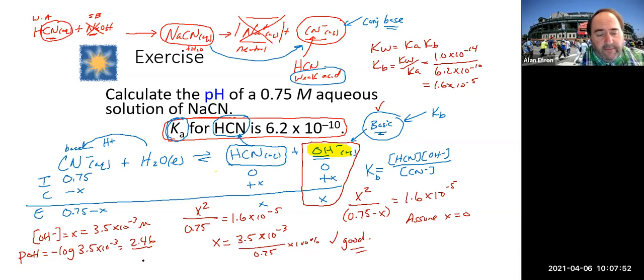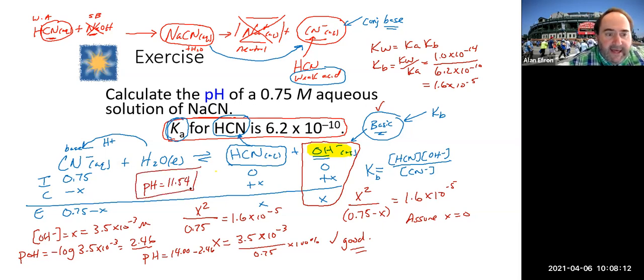So remember, that's the pOH. So our pH would then be 14 minus that 2.46. And looks like maybe 11.54 would be our pH. That does make sense. That is definitely a basic pH in this case.